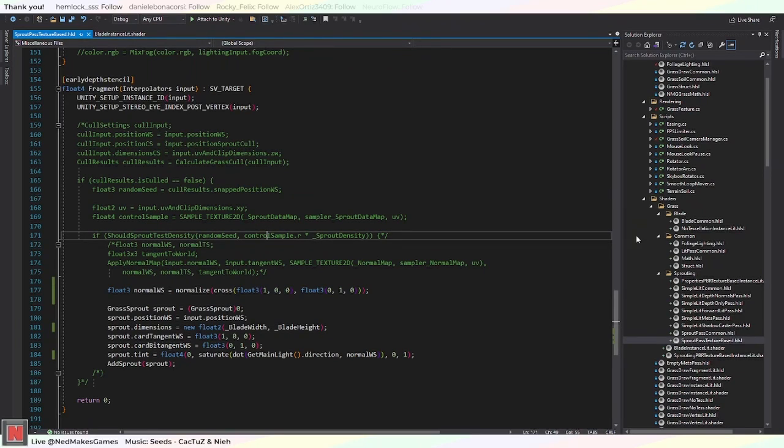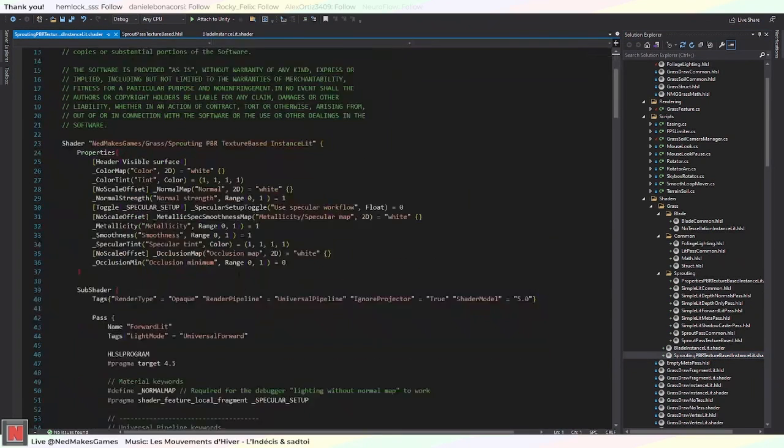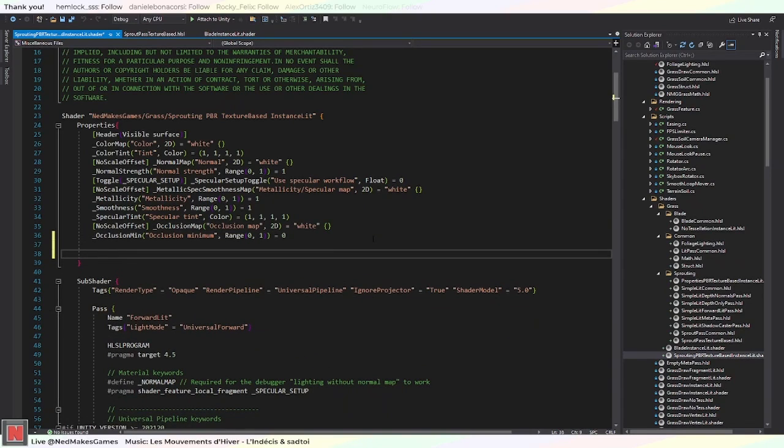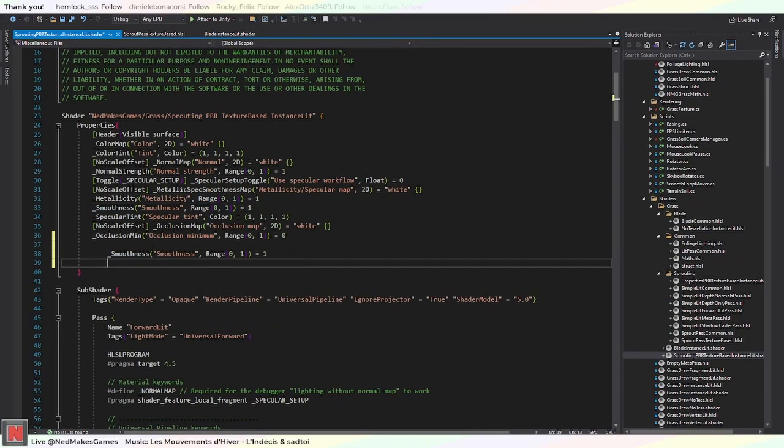Oh yeah, I don't even have any of the options in here, but I guess that's fine because I don't really want to add an option if it's not going to be supported yet. So I'll just add something for blade width and height.